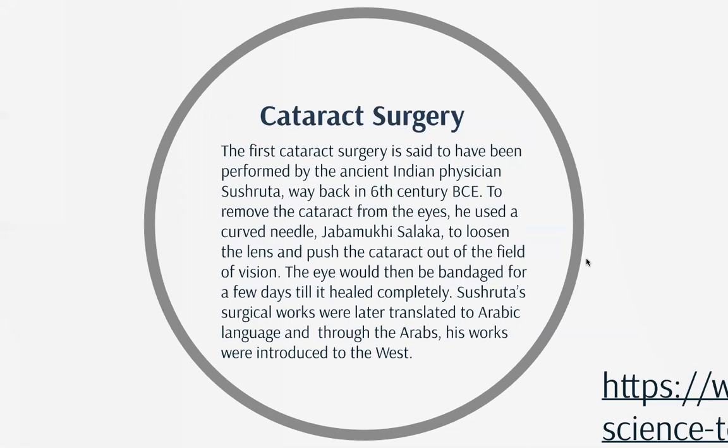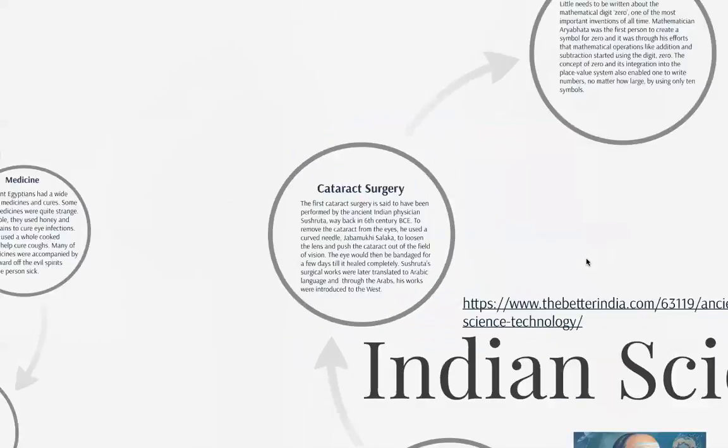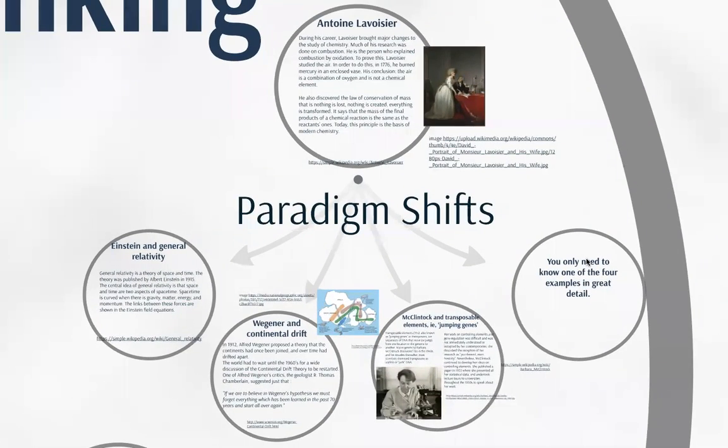And back in the 6th century BC, so 2,500 years ago, they were doing cataract surgery. They used a needle and basically scraped off the affected material, which must have been very interesting. Now, of course, those are some ancient ideas.